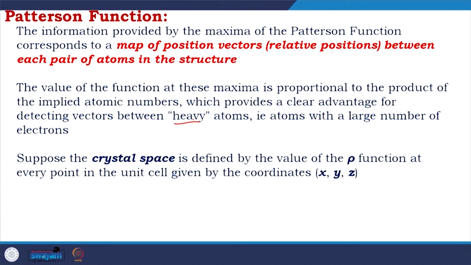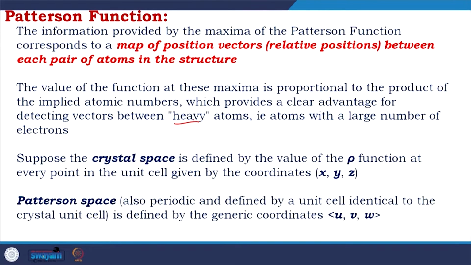Suppose the crystal space is defined by the value of the rho function at every point in the unit cell given by the coordinates x, y, z. Patterson space, which is also periodic and defined by a unit cell identical to the crystal unit cell, is defined by the generic coordinates u, v, w.